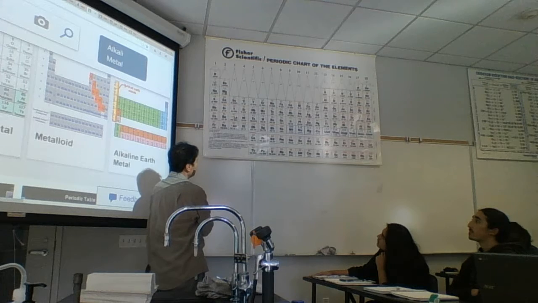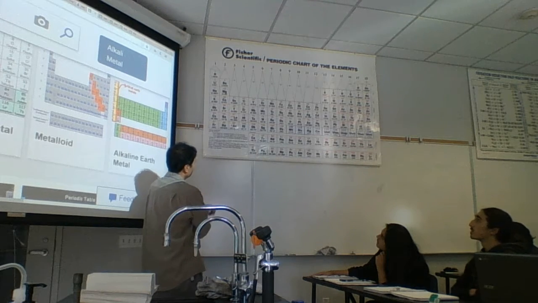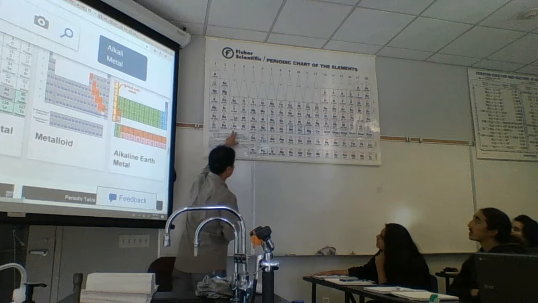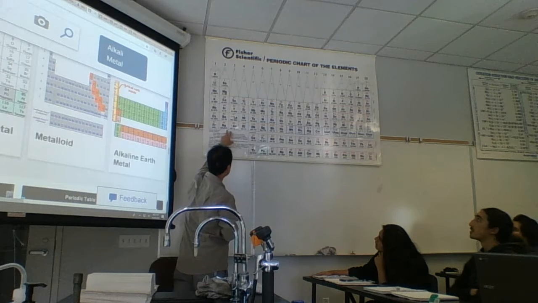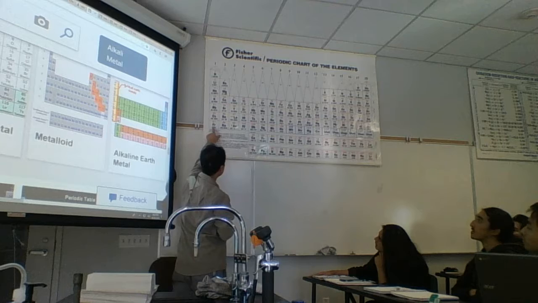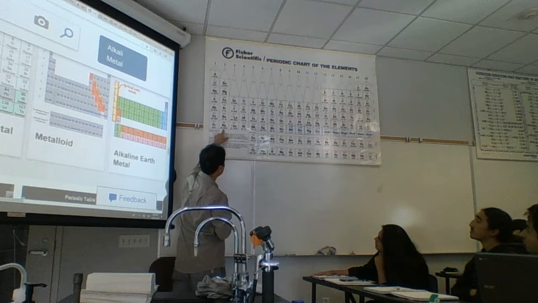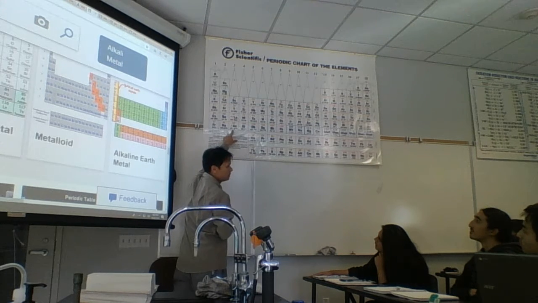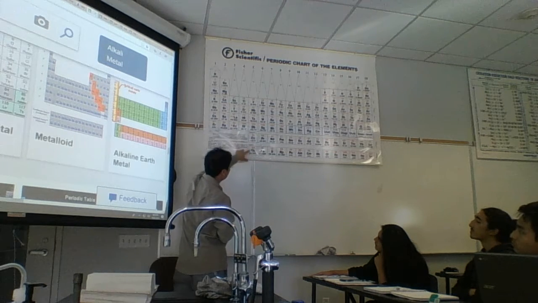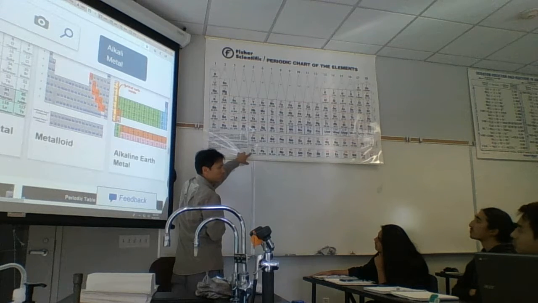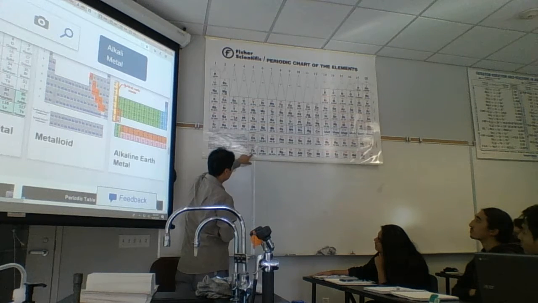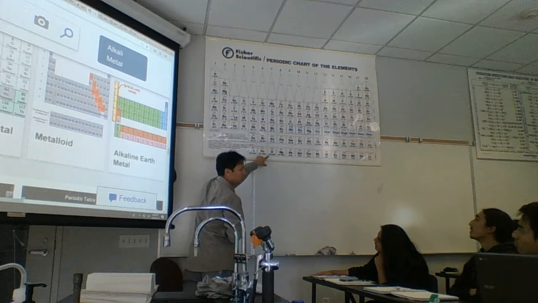And where's the 89th? The 89th is here, actinium. So this would be 7s1, 7s2, the 89th would be 6d1, and then we drop to 90 here, which would be 5f1, 5f2, 5f3.